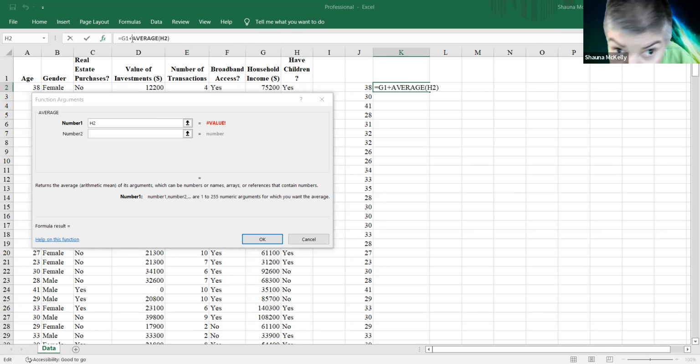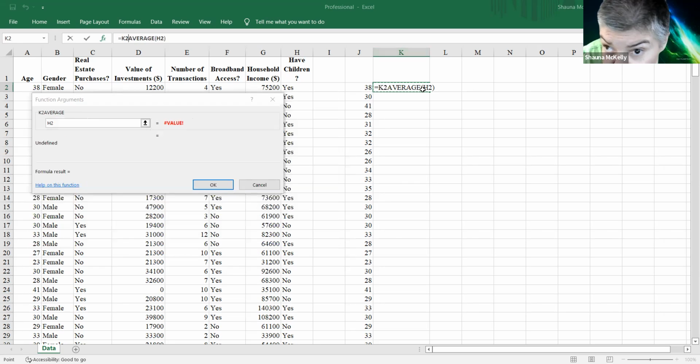This is equals average of J2 to J, whatever number that was.